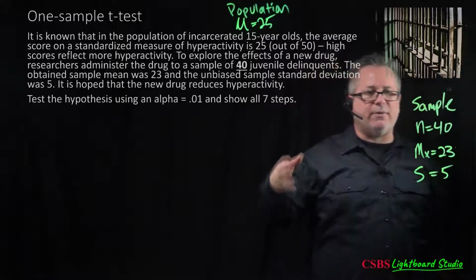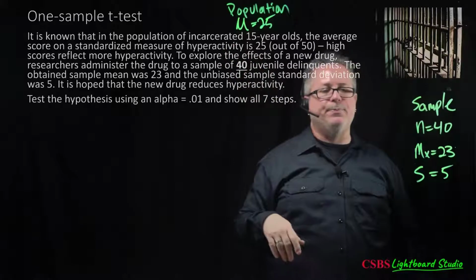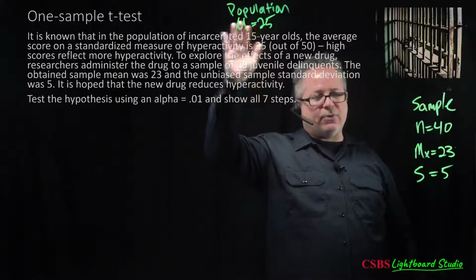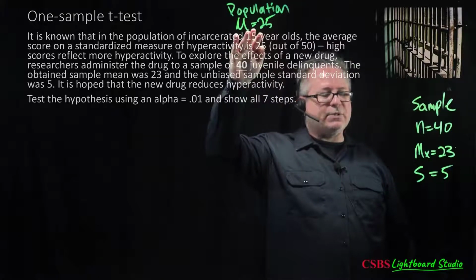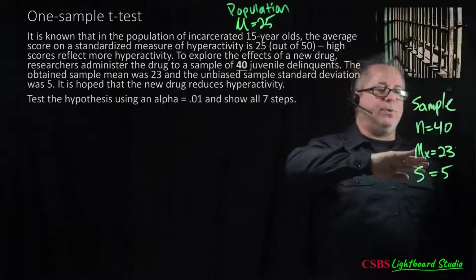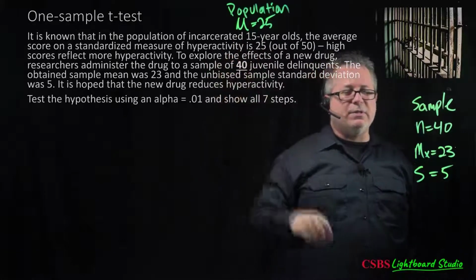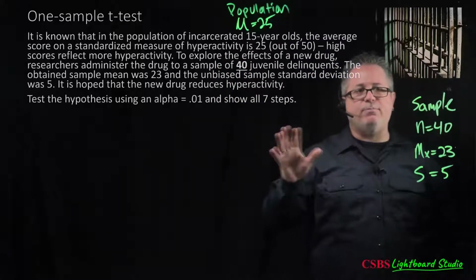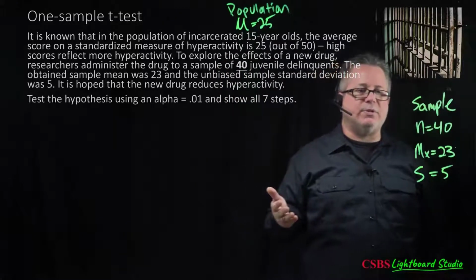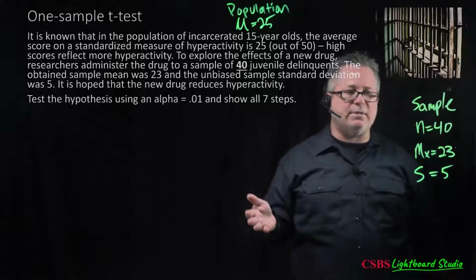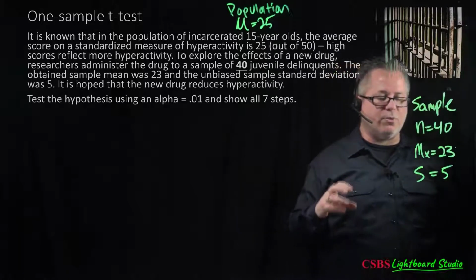Because we have the population mean, we are going to be doing a one sample test, but we don't have the population standard deviation. Sigma is missing. So we're going to do this as a t-test instead of a z-test. So t is what we're going for.